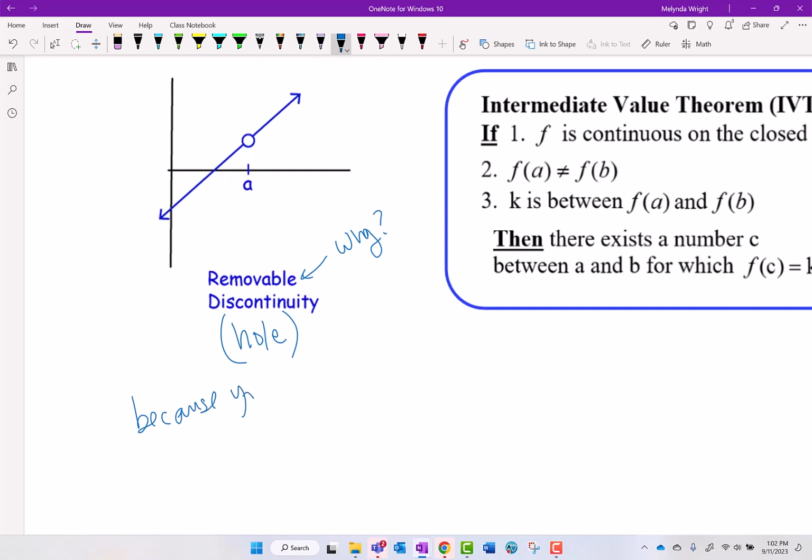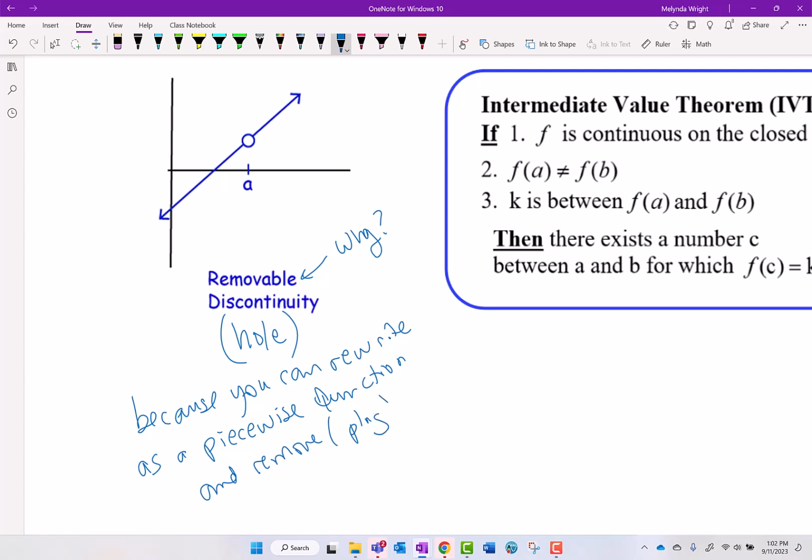you can rewrite it as a piecewise function and remove or plug the hole.